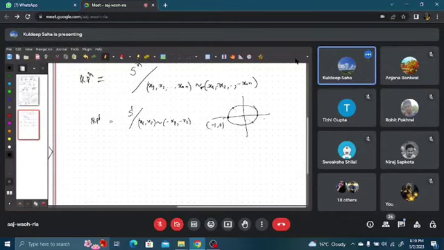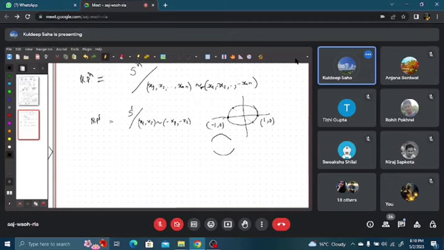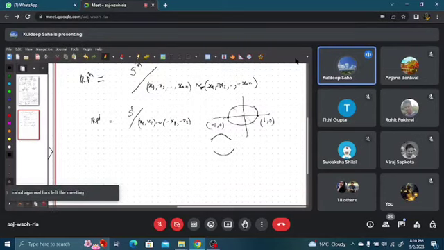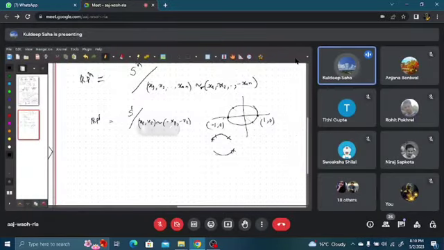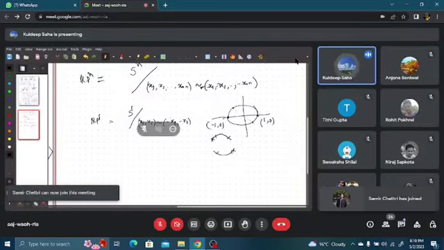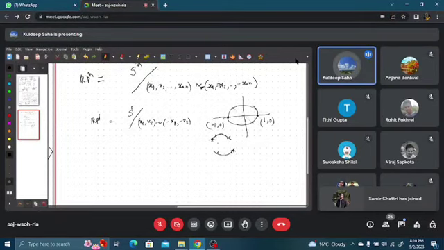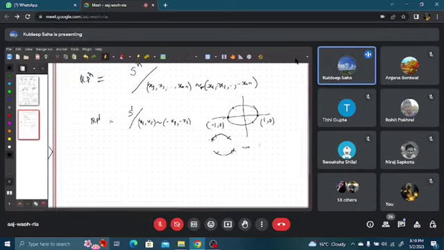Okay. Once I have removed these, I have an open arc above and an open arc below. Now each point in the open arc is identified with a point here. Correct? For example, this point here will get identified here, and this point here will get identified here. So now I can just take this with my bare hand and rotate it and glue these 2 open line segments to get 1 open segment.